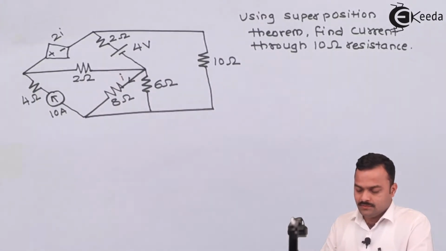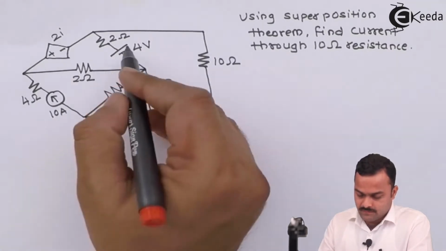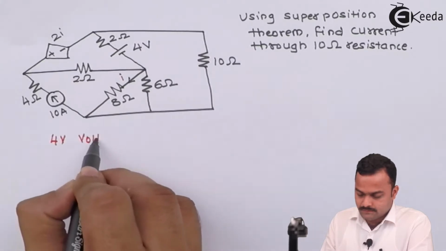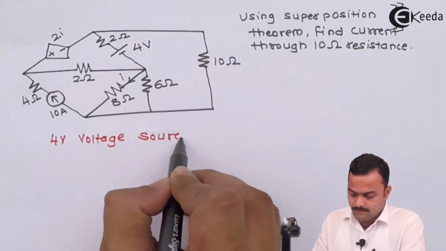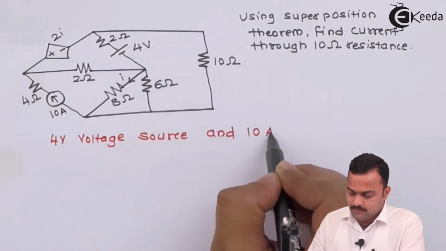This is a dependent voltage source controlled by this current I. So let's list out the independent sources in the given problem. I have a 4 volt voltage source and a 10 ampere current source.